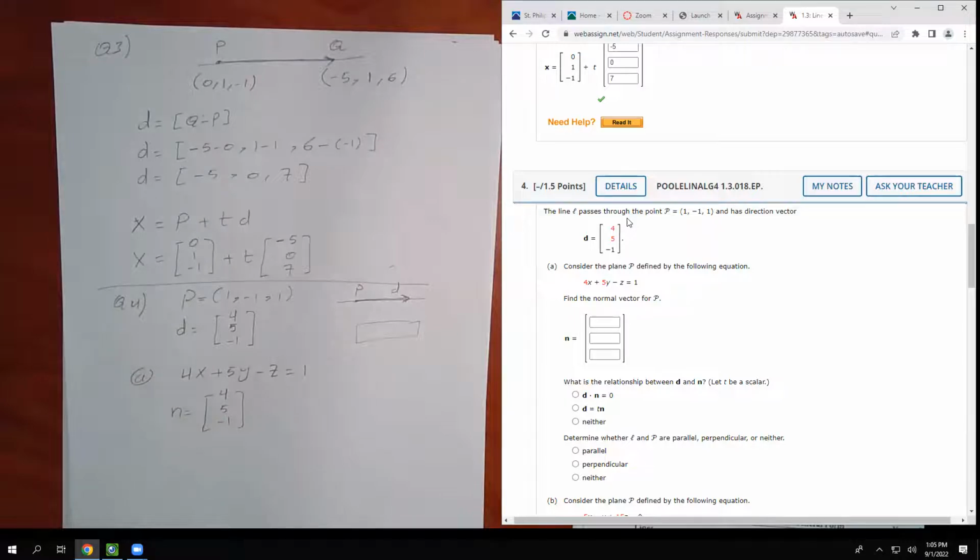But I have the general form. That means the normal vector is going to be the coefficients of x, y, and z: 4, 5, and -1.